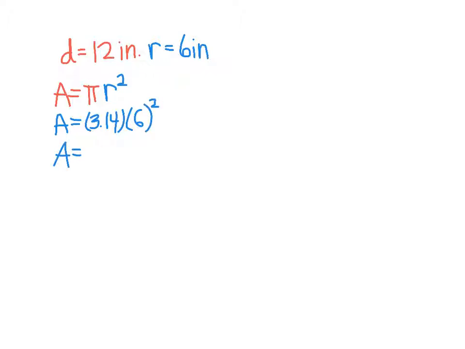So first I'm going to do 6 squared, which is 36. You could be doing all of this on your calculator, but I still prefer to show my work so that if I make a mistake, you can help me find it, right? And so 3.14 times 36 is 113.04.